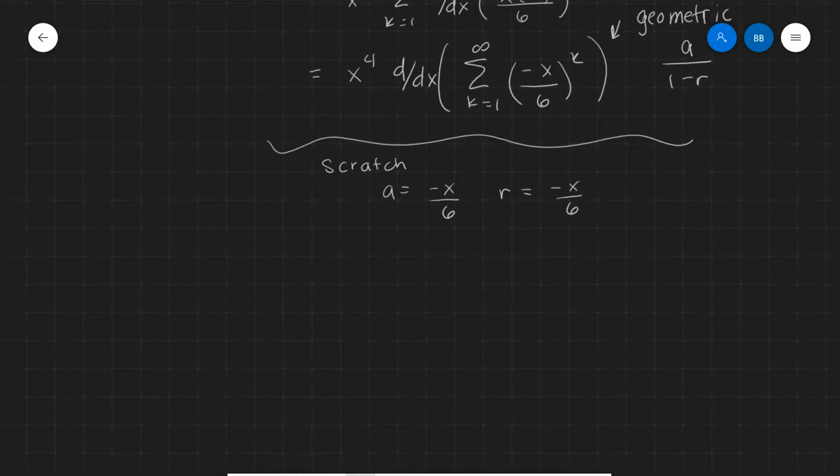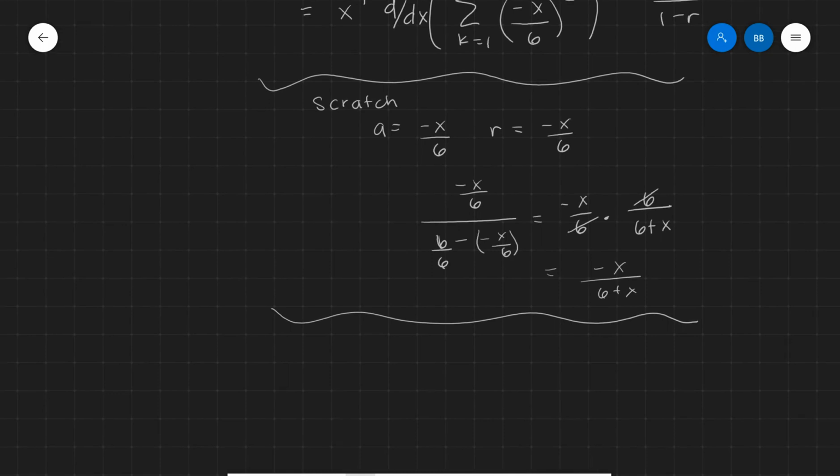And we need to simplify the fraction negative x over 6 over 1 minus negative x over 6. That simplifies to negative x over 6 times, flipping the bottom and creating a single fraction right here, 6 over 6 plus x. The two 6's will cancel, and we get negative x over 6 plus x.